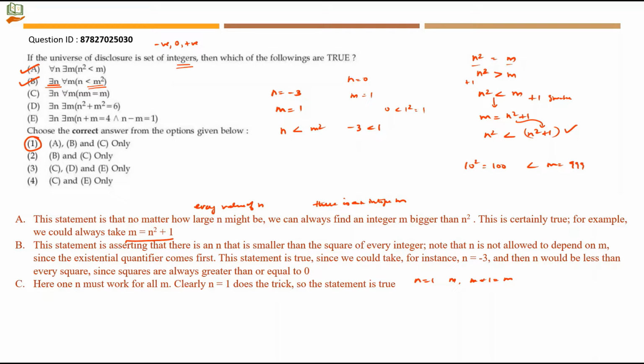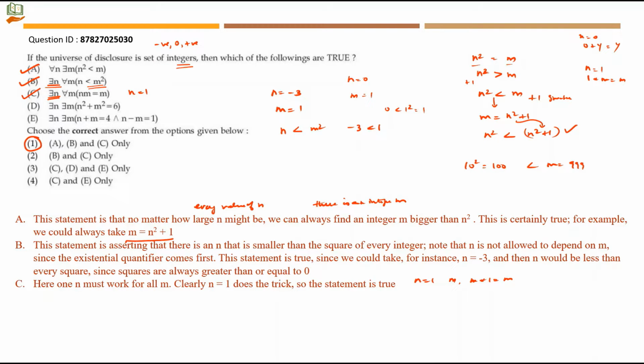If it is minus 3, you will get minus 3. If it is 0, you will get 0. In the previous question we saw, if x is equal to 0, anything that is added to this 0 will give you the same number. The same case is here. Anything that you multiply with 1, you will get the same number. So C is also true. So here the there exists is applicable for n, for which I can say n is equal to 1.